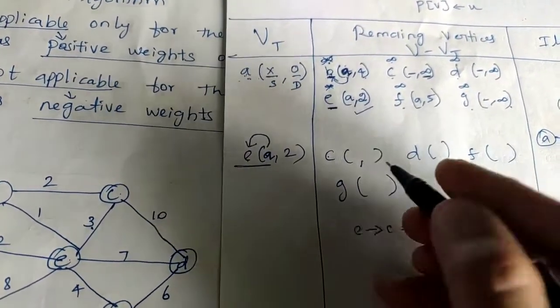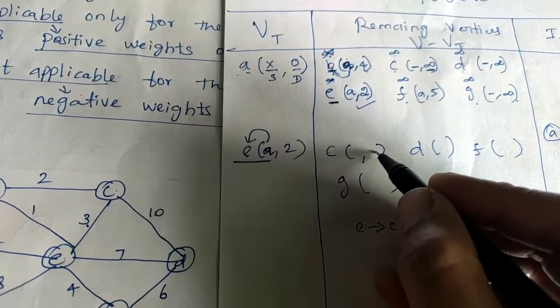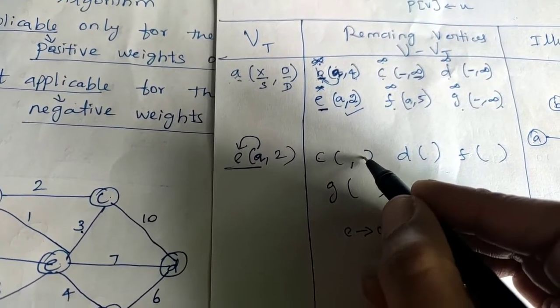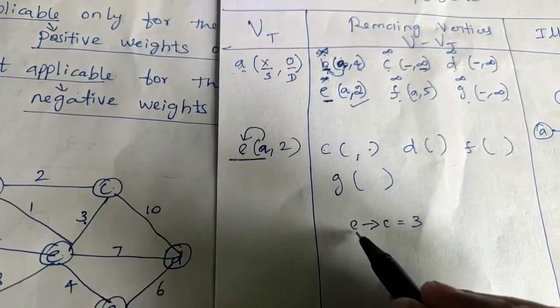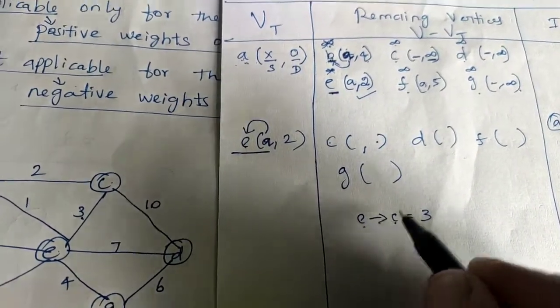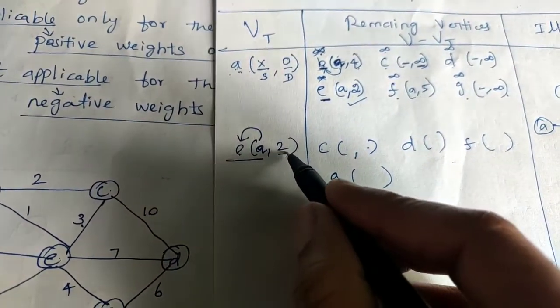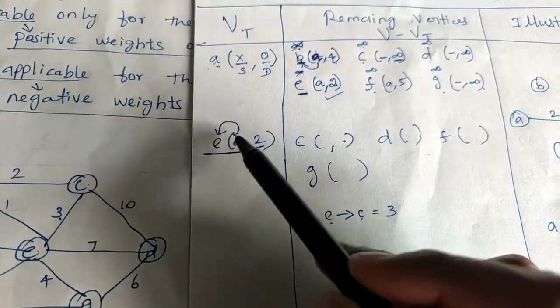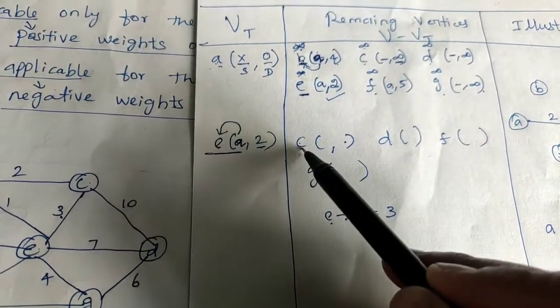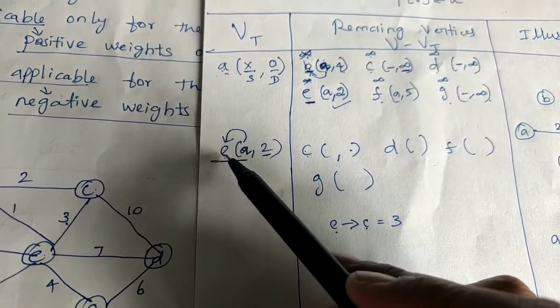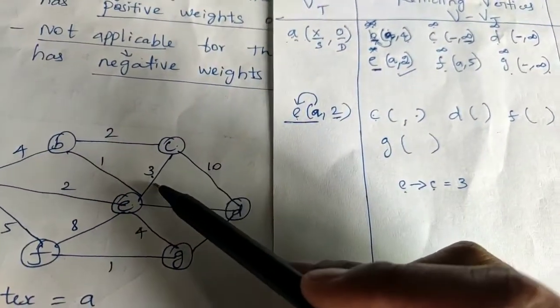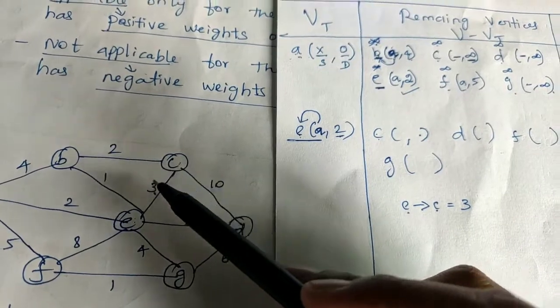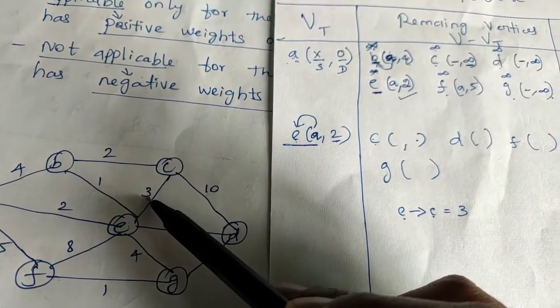But you should not write 3. While writing the distance, you need to write the distance from E to C plus the weight what I have here. Listen, trying to visit the vertex C from E, I have a direct path E to C that has the weight 3.